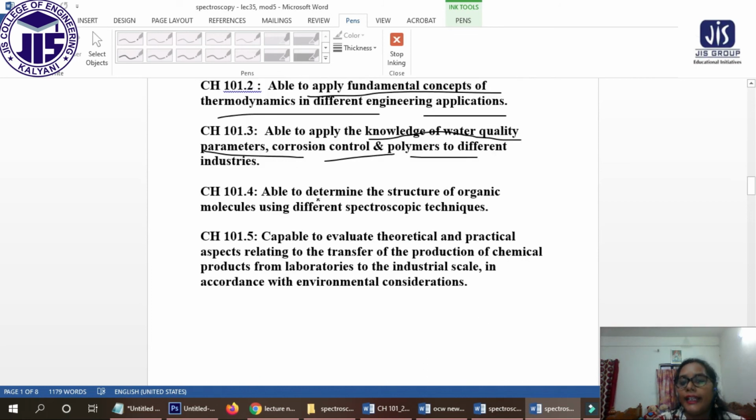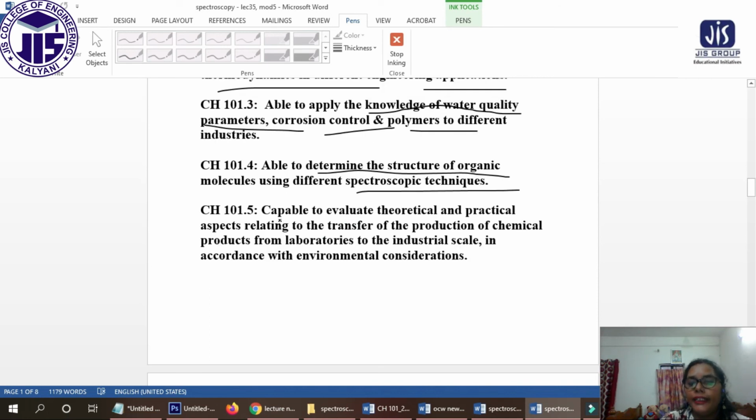They can determine the structure of organic molecules using different spectroscopic techniques, and evaluate the theoretical and practical aspects relating to the transfer of production of chemical products from lab to industrial scale in accordance with environmental considerations.